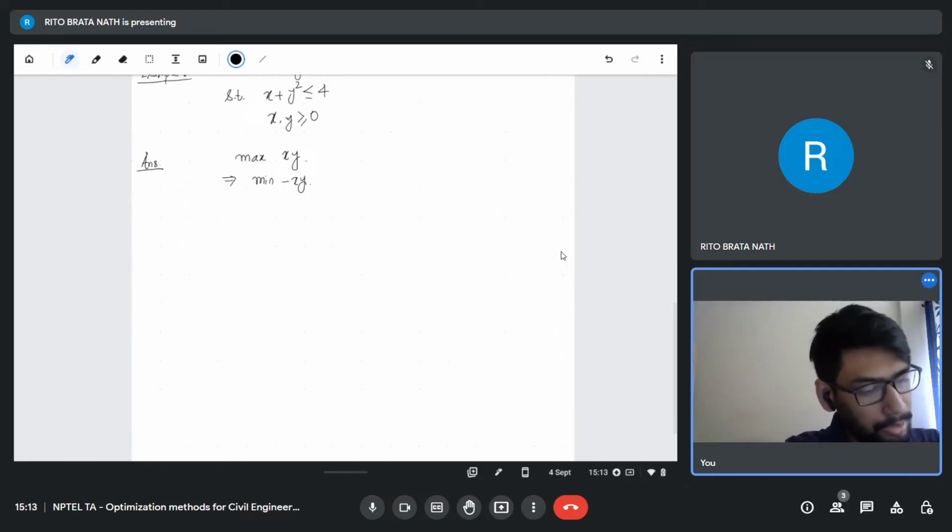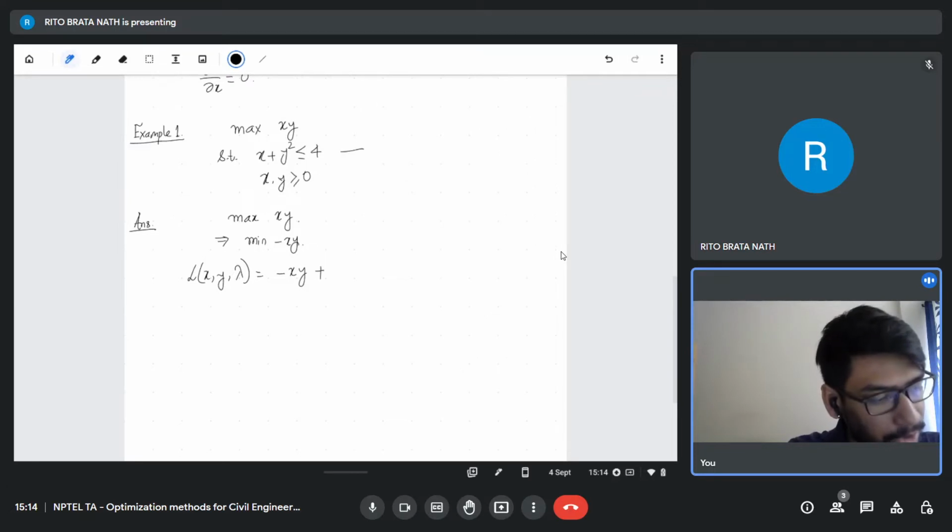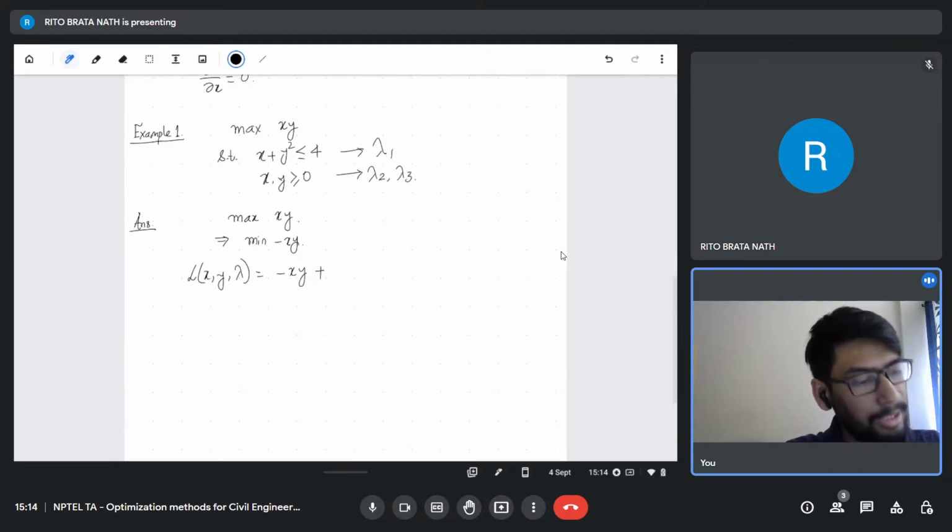Your L is a function of x, y, and lambda. The first function will be minus of xy, and then for the first constraint you can assume the Lagrange multiplier to be lambda 1, and for the other two constraints, lambda 2 and lambda 3.